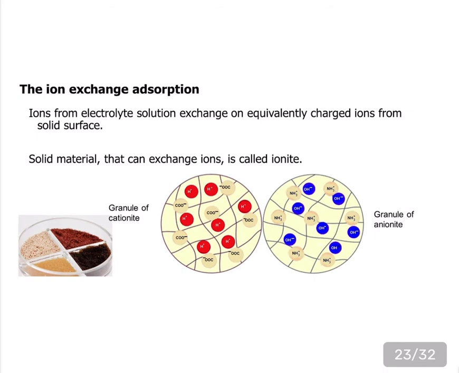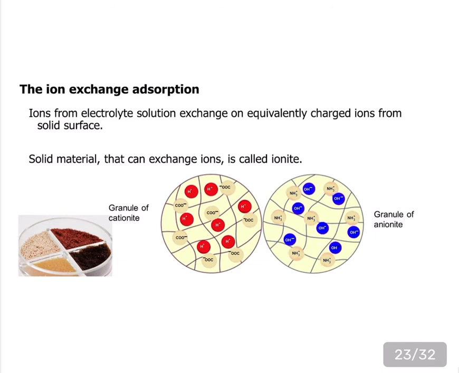Depending on the type of exchanged ions, there are cationite and anionite. All ionites are organic polymers. In their structure, they contain chemically bonded functional groups and free ions that can be exchanged for other ions from solution.